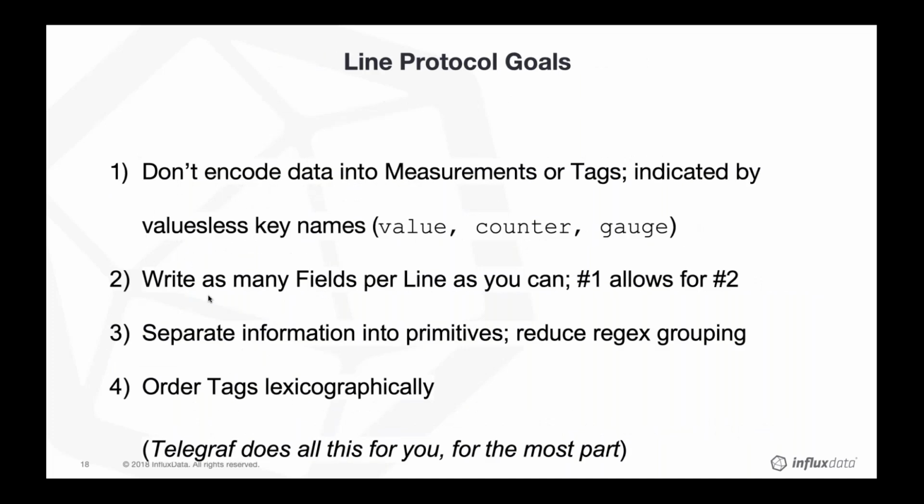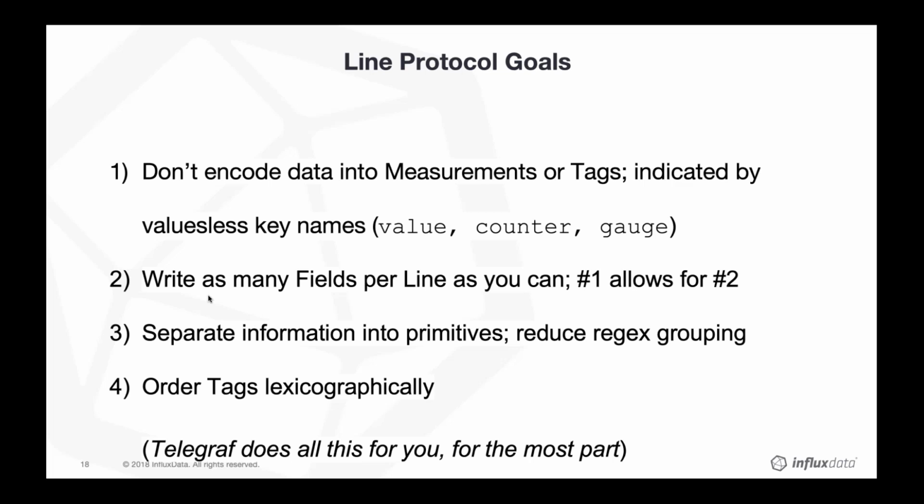So these are the goals of line protocol. We won't talk about number 4 today because maybe we'll assume you're using Telegraf, and Telegraf does that for you. But going back to not encoding data into your measurements or tags, I said series key, but that's what measurements and tags basically are, your series key. Maybe you don't know what it means to encode data into keys.